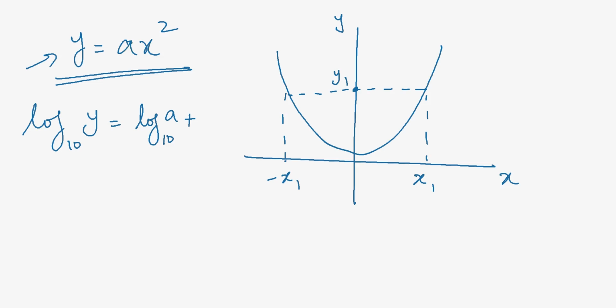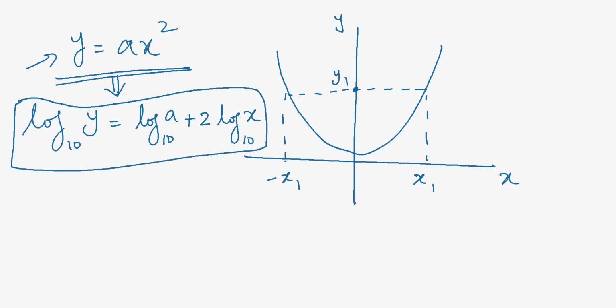You're okay with that, right? And the log base 10 acting on the x squared will be written as 2 log x to the base 10. So this whole thing, after applying the log 10 on either side, has become an equation like this. Do you see that?